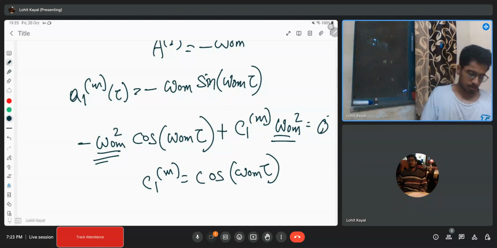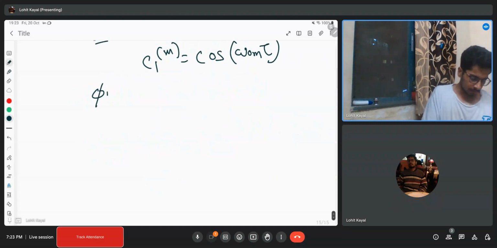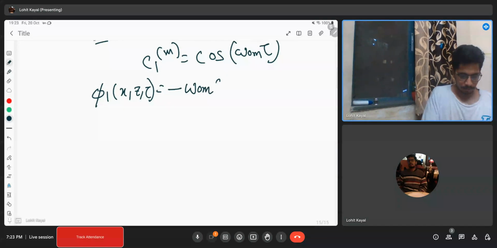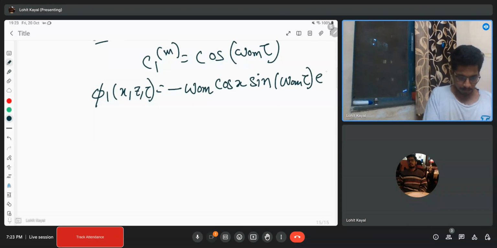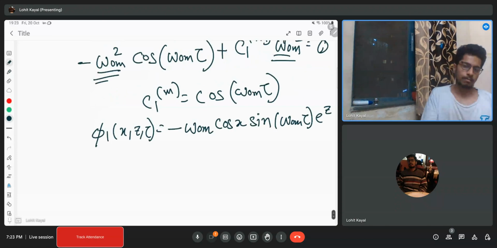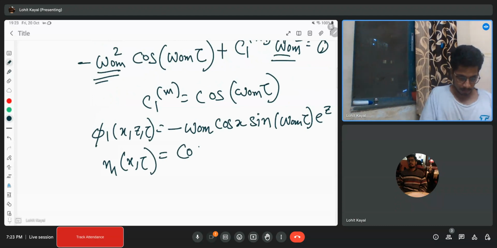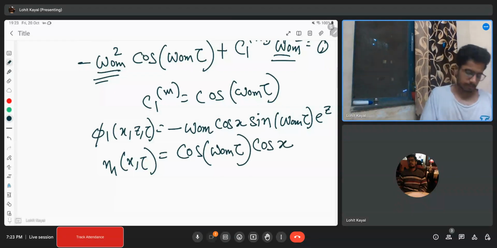Okay, so your φ1 in z, τ is equal to minus ω0m cos x sine ω0m τ e to the power of z, because αm is equal to 1, and η1 x τ is equal to cos ω0m τ into cos x.